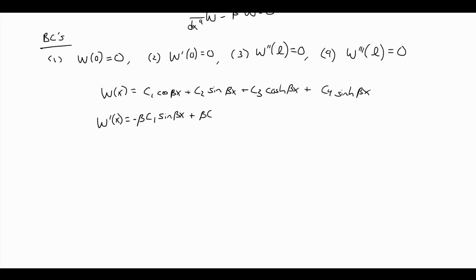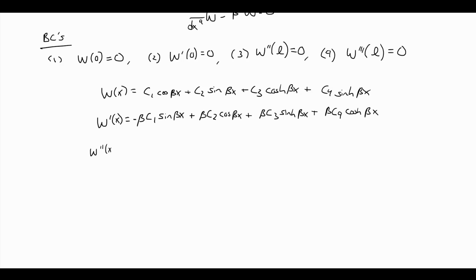So we have a beta c2. Sine goes to positive cosine beta x. From chain rule, beta comes out in front. The derivative of cosh is positive sinh. So positive sinh beta x. And here a beta comes out, c4, sinh is going to go to cosh beta x.